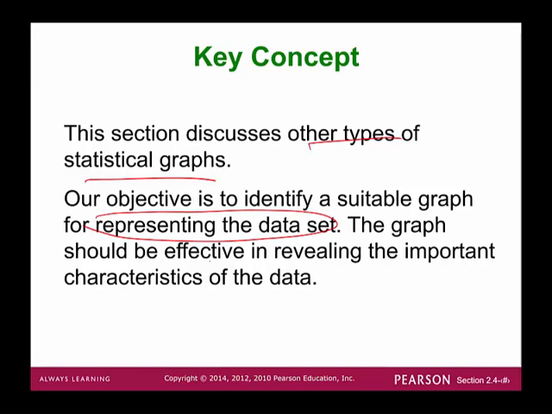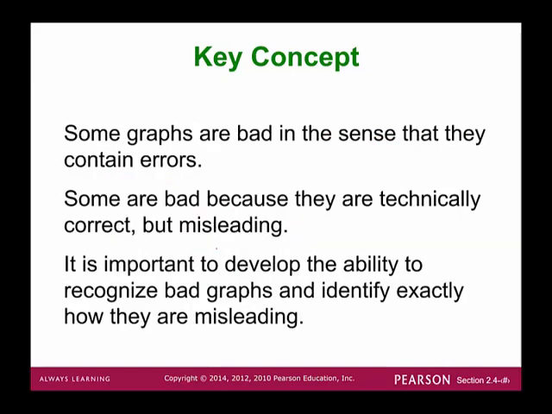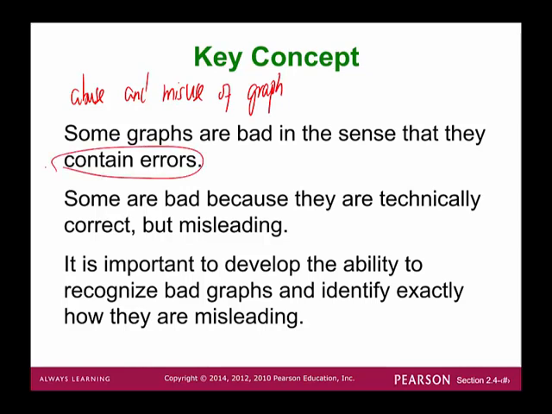The graph should be effective in terms of expressing the need of the data set, or revealing the important characteristics of the data. And the thing is, there are abuses, also misuses of the graph. Some of the graphs are bad in the sense that they contain errors, meaning it's not an objective representation of the data set itself.